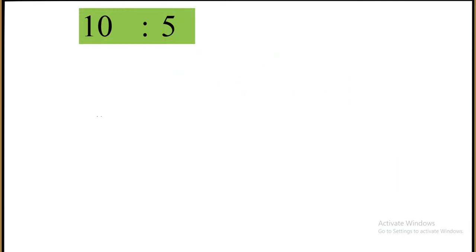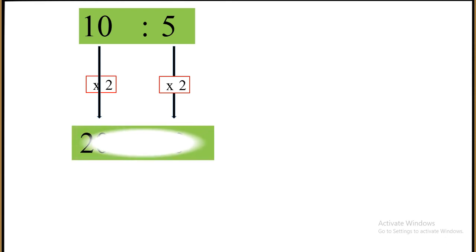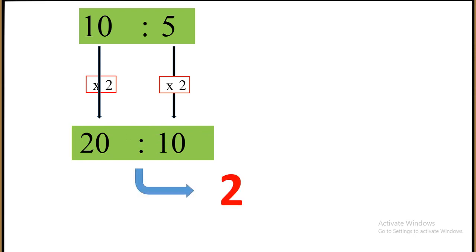Let's see, 10 divided by 5. When both of them are multiplied by 2, it gives us 20 divided by 10. Then we have 2.